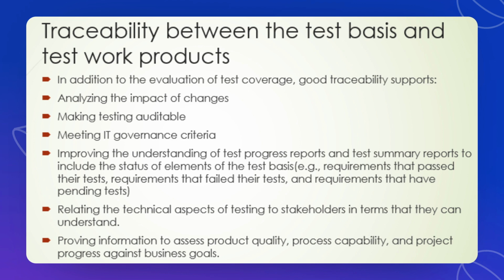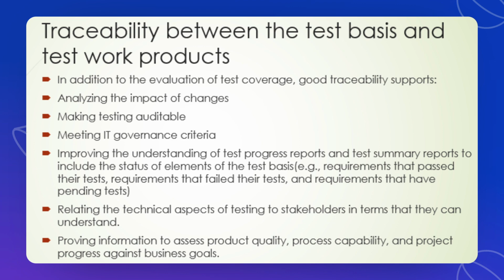In addition to evaluating test coverage, good traceability supports analyzing the impact of changes and making testing auditable. Testing is only auditable if we have documented each and every step. For example, we have documented requirements, we have written the test cases, we prepare the automation script, we execute, and all the resources are synced.